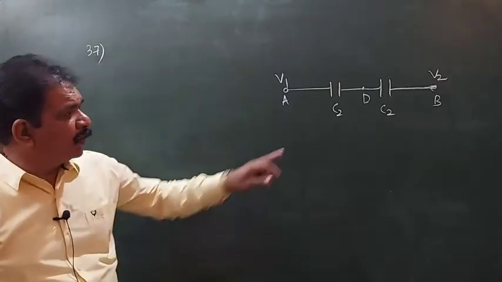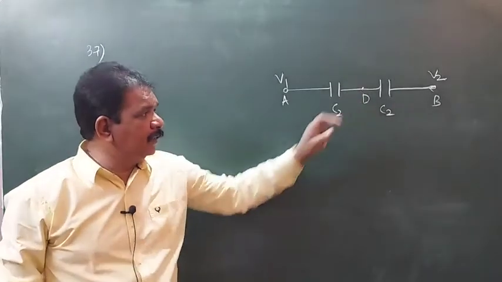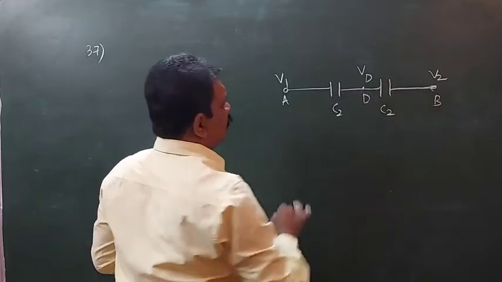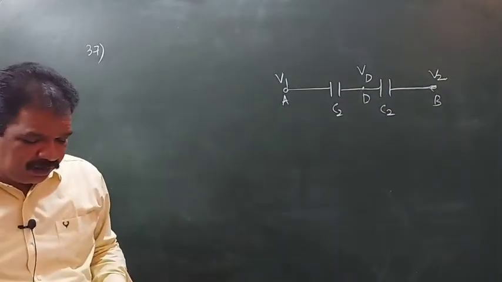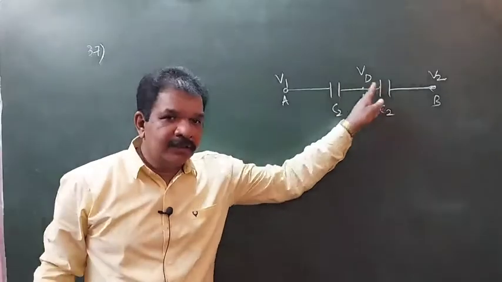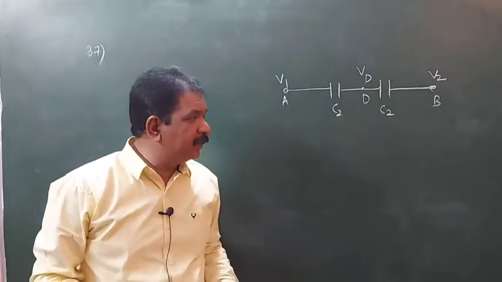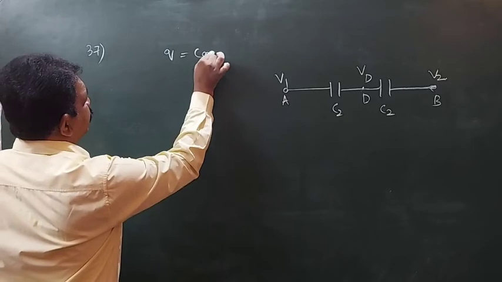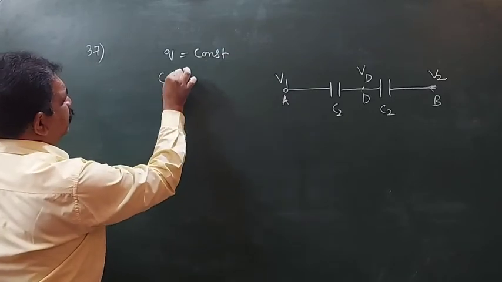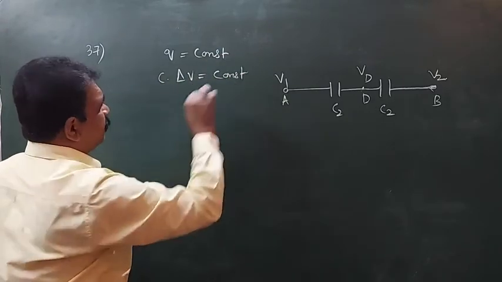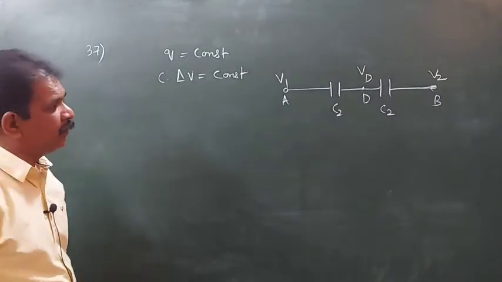What is the potential at the point D they are asking? I am assuming the potential at D is Vd, that we have to calculate. These two are in series, so the charge will remain constant. Q is equal to constant, so C into potential difference will be constant because Q is equal to CV.